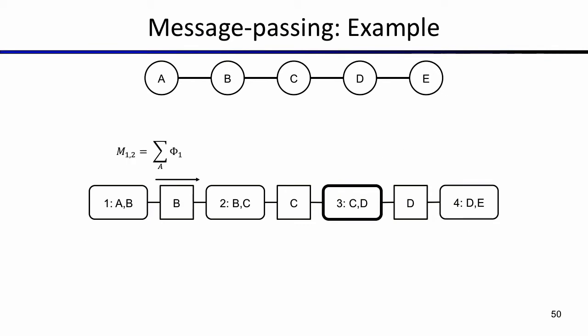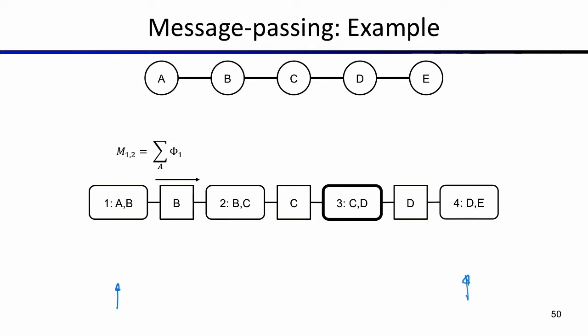And now we can start and send a message between the clusters. A good way to start is to look at these peripheral nodes like node 1 or node 4, because they don't need to wait for anyone to send message to them to start sending the message. So we're going to start with node 1, cluster 1, send the message to the cluster 2.